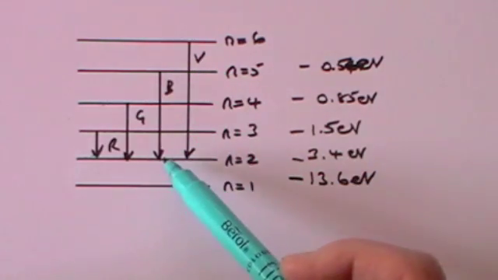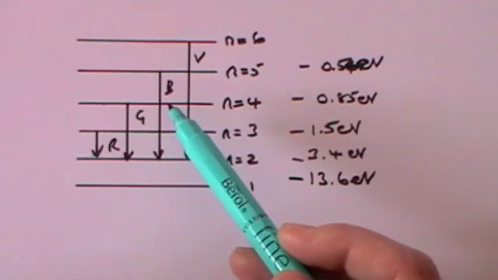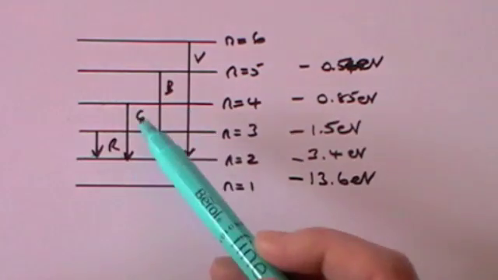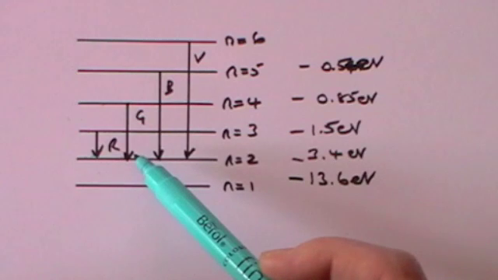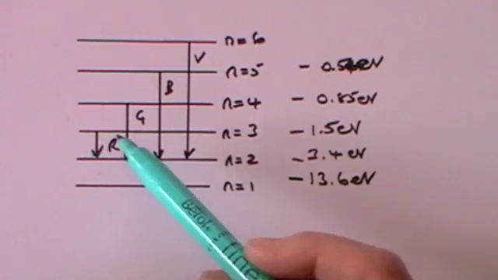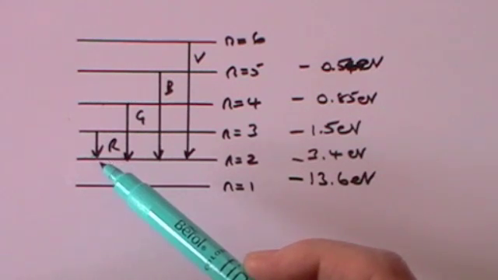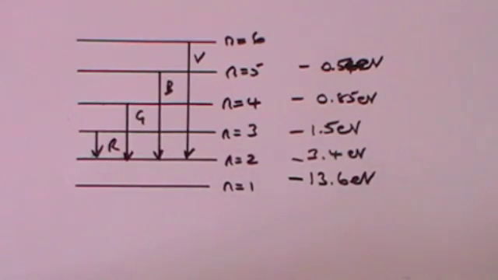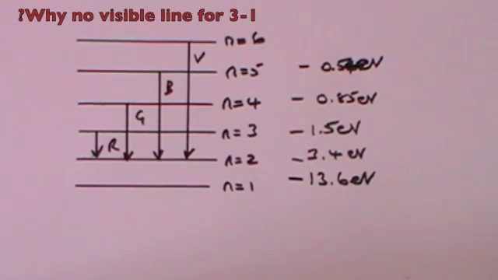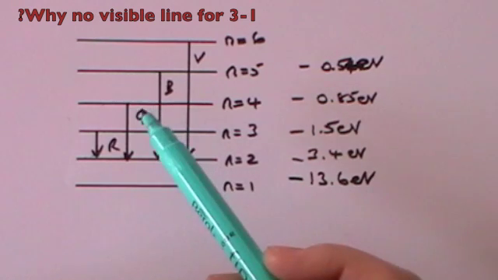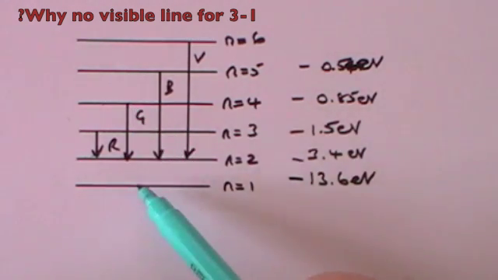The n equals 5 to n equals 2 transition gives a photon that is blue. The n equals 4 to n equals 2 transition gives a photon that is green, and the n equals 3 to n equals 2 transition gives a photon that is red. The question we are asked is, why is there no visible photon for the transition 3 to 1?